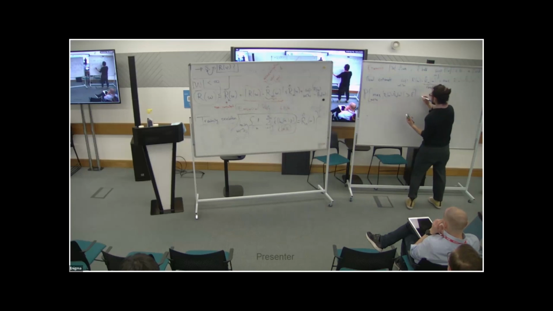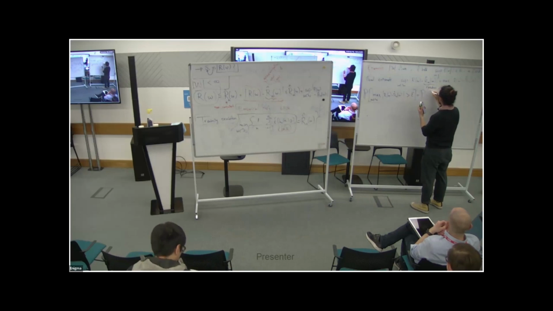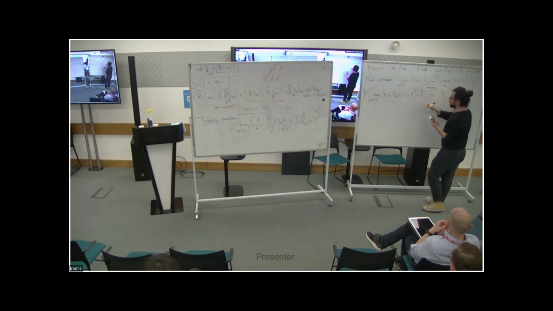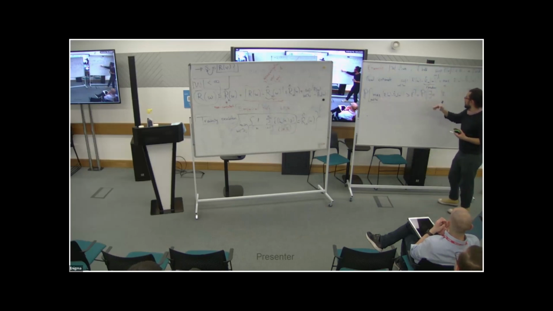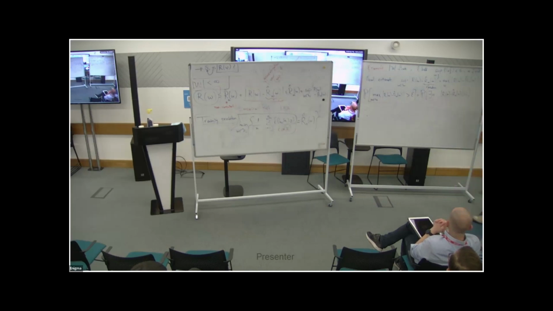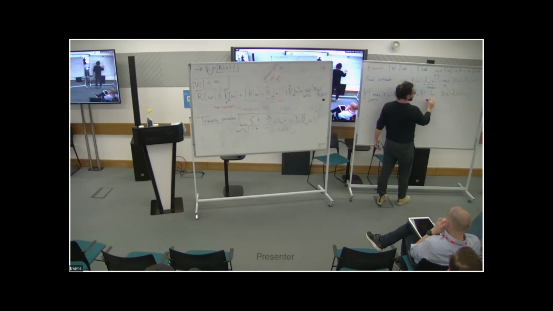This event is equal to the event that there exists one w such that this event holds. If the maximum is larger than epsilon, then there must be one w such that this is true.